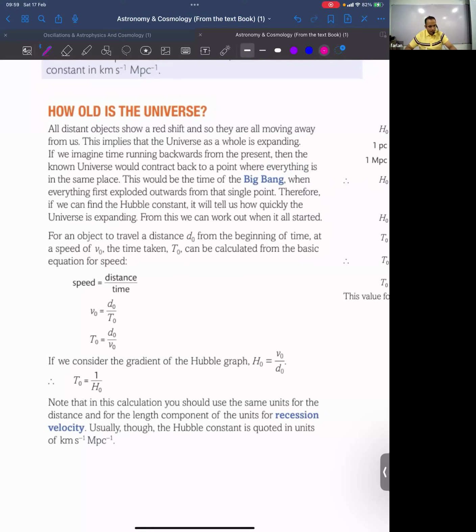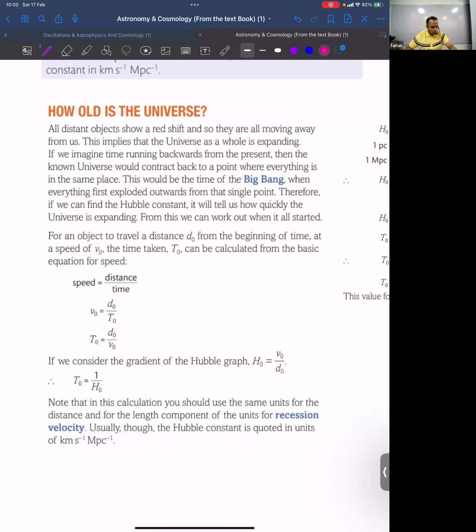This would be the time of the Big Bang, when everything first exploded outwards from that single point. Therefore, if we can find the Hubble constant, it will tell us how quickly the universe is expanding. From this, we can work out when it all started.